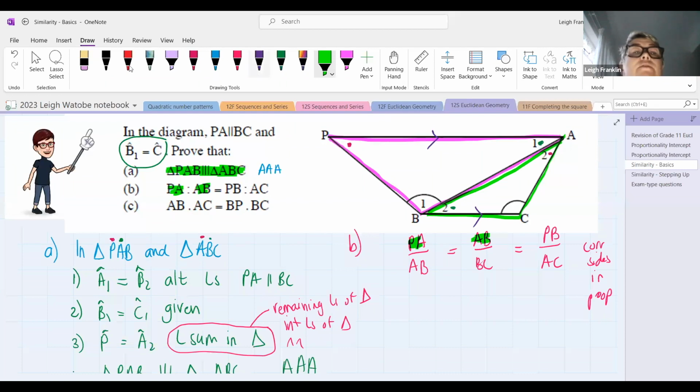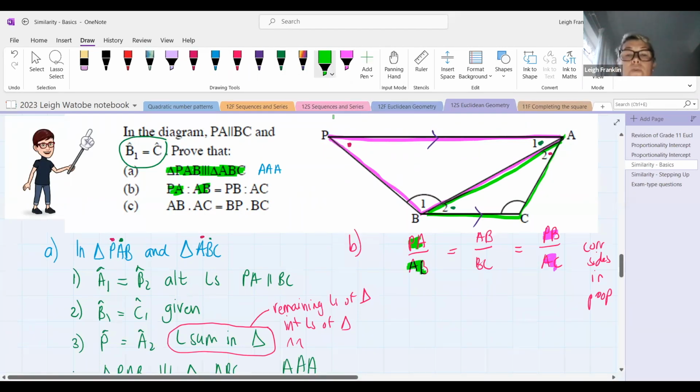Maybe I highlighted the wrong AB there. You want PB and you want AC. Yes, sorry, I highlighted the wrong one. Beg your pardon, AB occurs in both of them because AB is a common side. So AB over there. The one that we were supposed to highlight was this one over here.